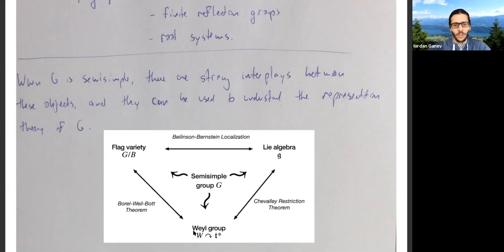It's actually a shifted action, but it tells you the central characters of representations that appear as global sections of equivariant line bundles on the flag variety. And finally, there was the Beilinson-Bernstein localization theorem that lets us take a module for the Lie algebra and define a D module on the flag variety, and this gives us certain equivalences of categories.